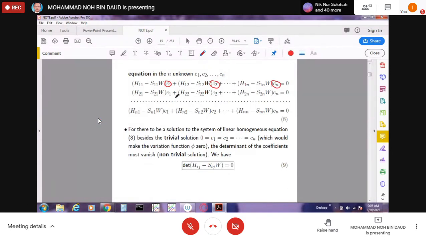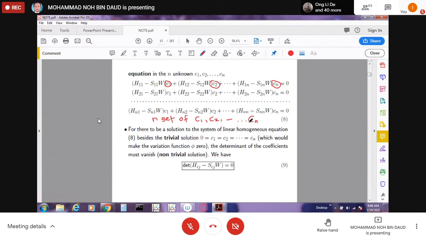Of course, we can find n sets of C. So you can see here n simultaneous equations with the C unknown coefficients.